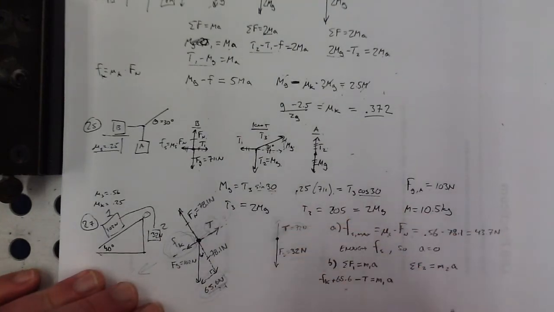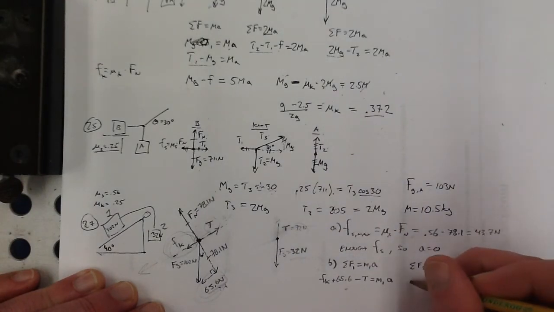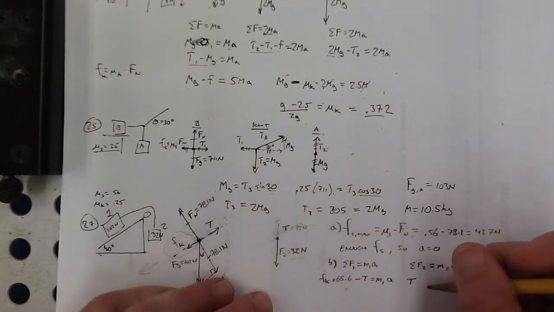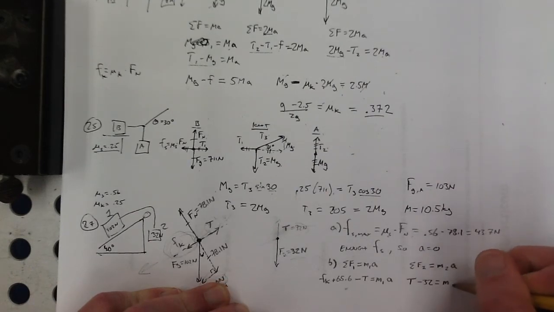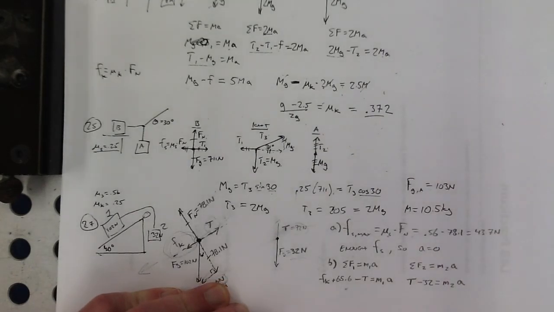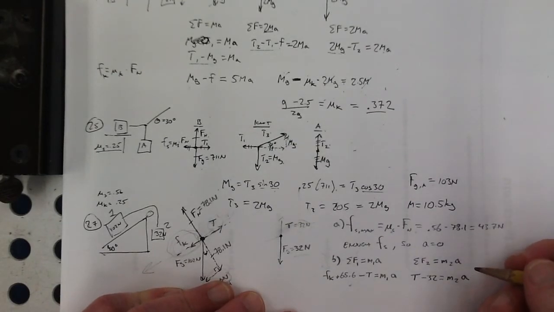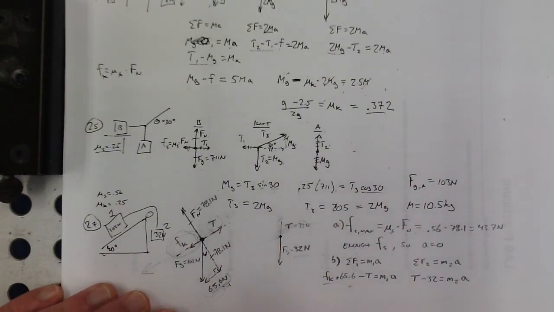So here, this is the winning direction, so that means tension is going to be winning, and of course I need the tensions to have opposite signs so they cancel out. Minus 32 is equal to M2A. All right, so what is my kinetic friction?